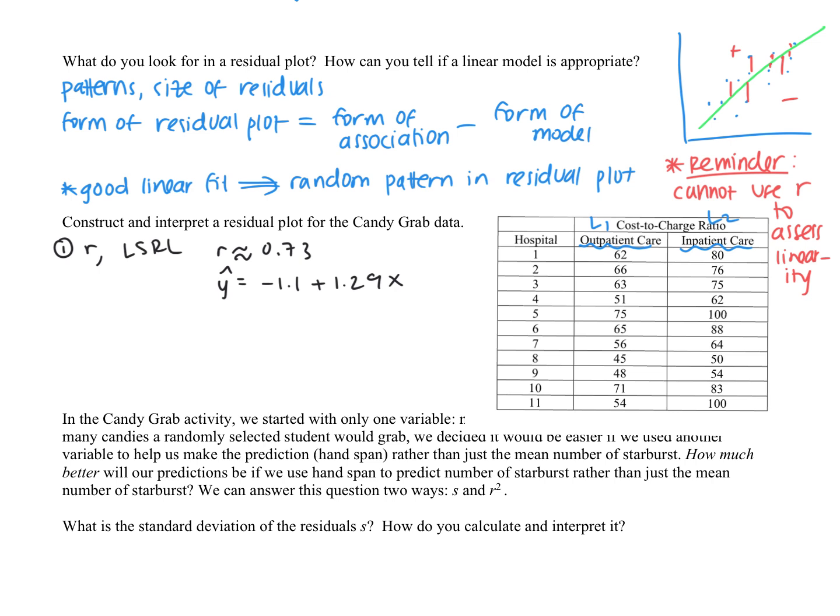Scroll all the way down, and you should have this list named RESID. Hit enter and hit enter one more time. Those are all of the residuals. So you should see the first one, 1.322. The next one is negative 7.825, so on and so forth.